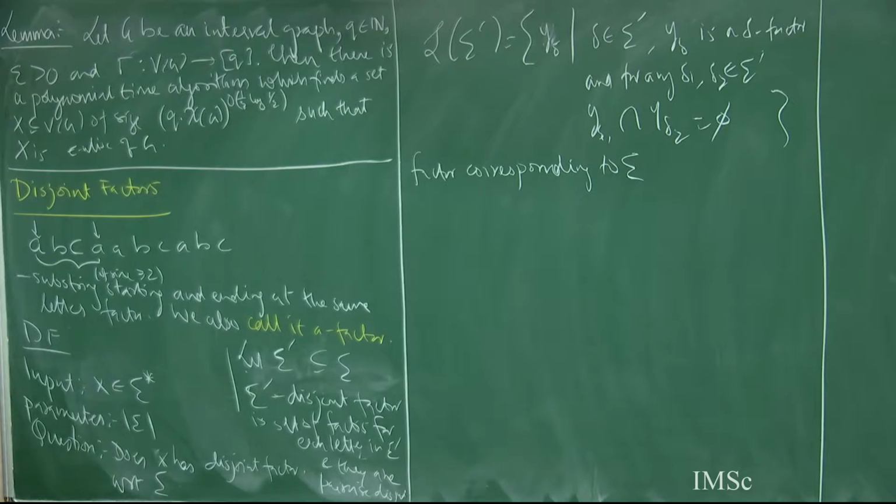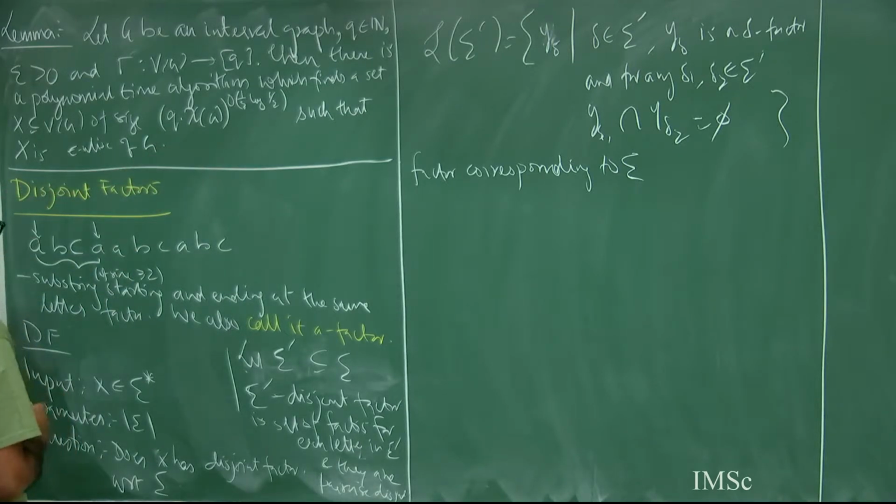Everybody should be covered, and that was the whole motivation. It means that for every letter in sigma there should be one factor, and those factors have to be disjoint. Yes, that's the definition.